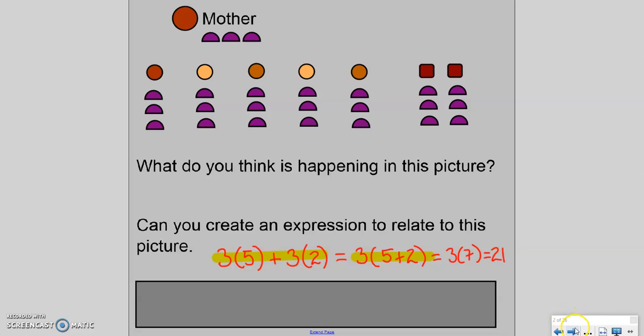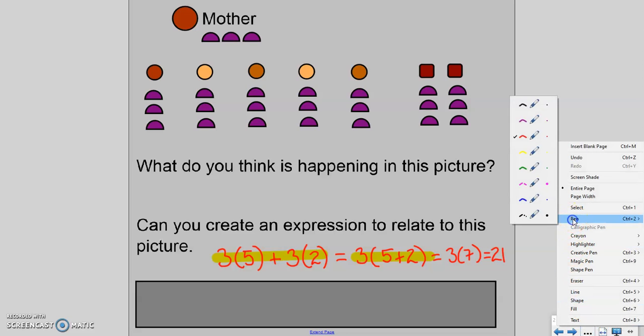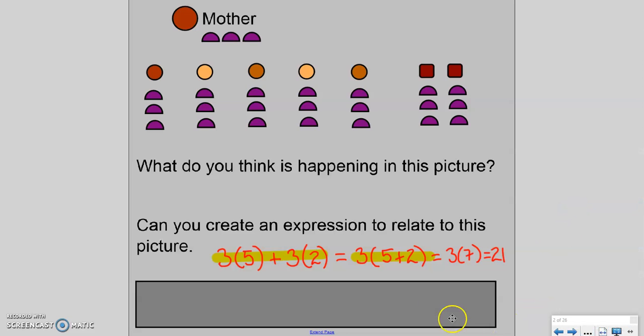So now, based on what I wrote, notice that these 2 are the same. But if I were to start off with this and then come to this, what is happening?